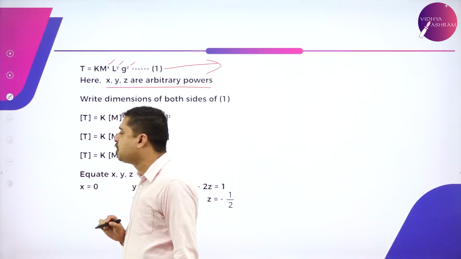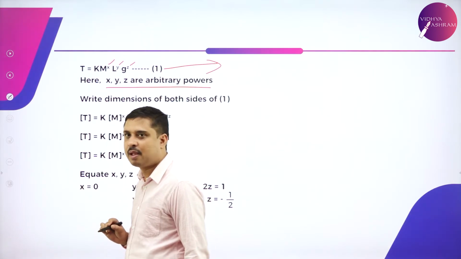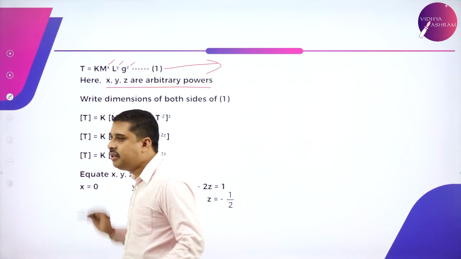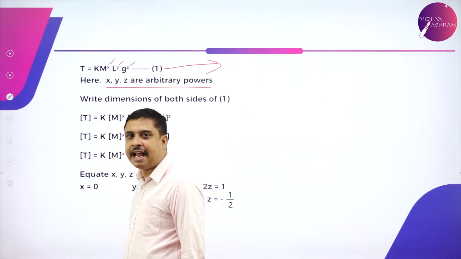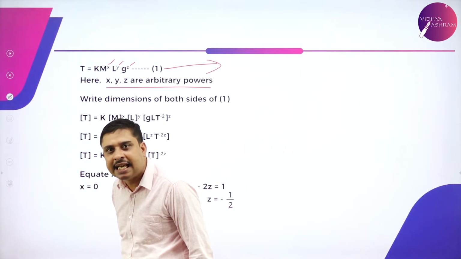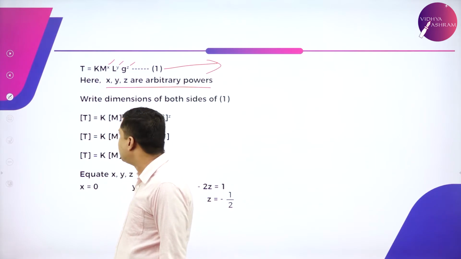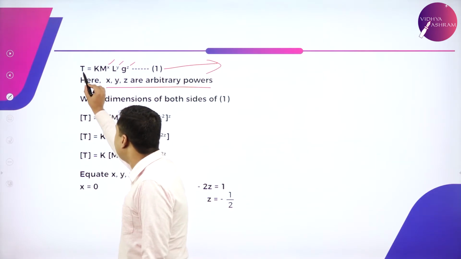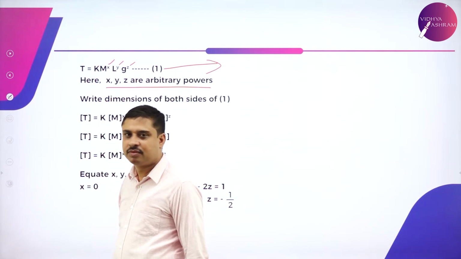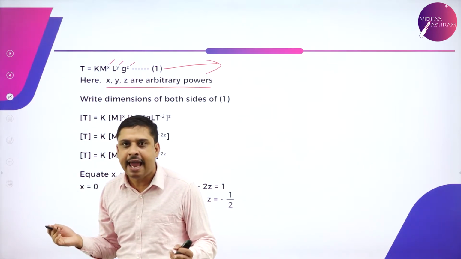Now, I write dimensions of both sides of equation 1. I have formulated equation 1, and I write dimensions on both sides of equation 1. Left hand side, time, dimension is T. K, what is K?